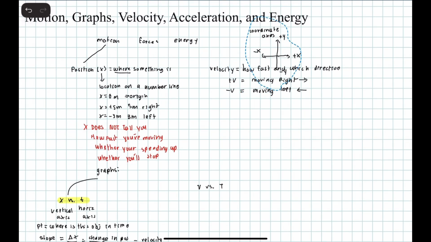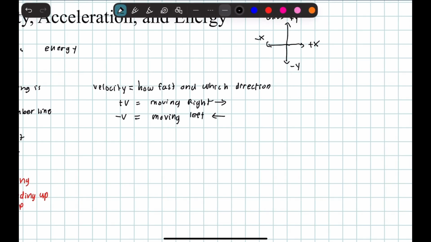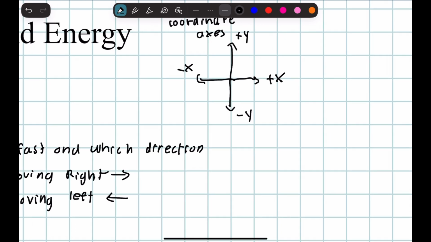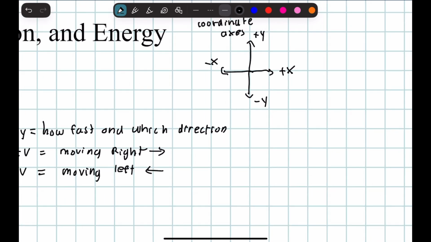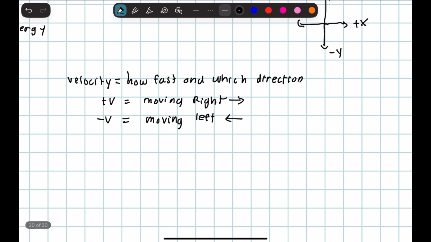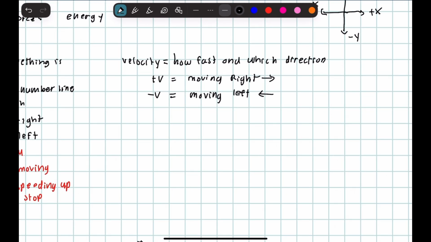This is based on the convention that we have used here. Before you analyze all of that, you have to have your coordinate axes, and these are the coordinate axes we'll be using. Unless you define your coordinate axes differently from the standard system, your velocity, position, and acceleration will all follow the same rules.